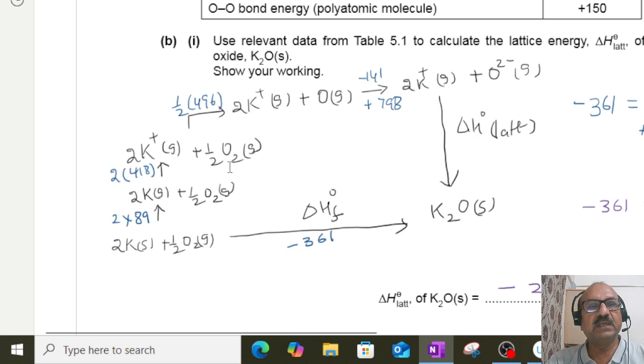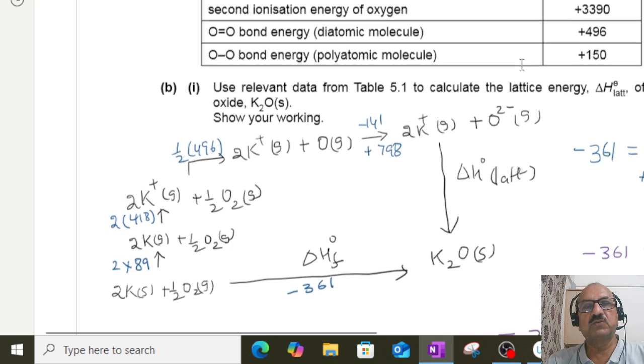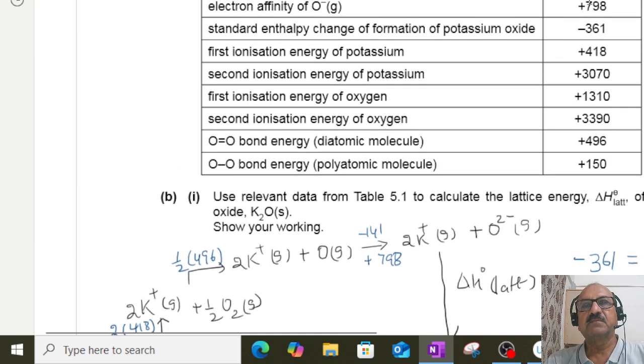And then we have to atomize oxygen gas, half mole, so we take half of this 496. Then we need 2 electron affinities for oxygen because we have to form O2-. So we take these two values, minus 141 and 798.